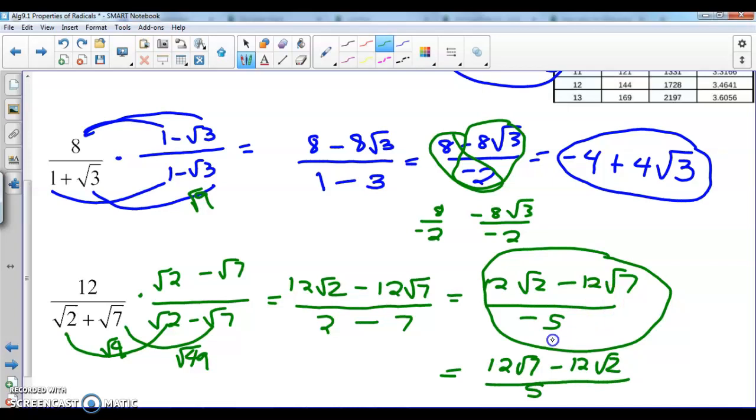So what did I do? I multiplied negative times negative, it's positive. I made that the leading term. And then negative times positive is negative. So pretty much I just switch them around so I won't have a negative at the denominator. That's another way of writing. Okay, it just depends on how the possible answers or how the choices look like. Alright, so that's rationalizing the denominator.